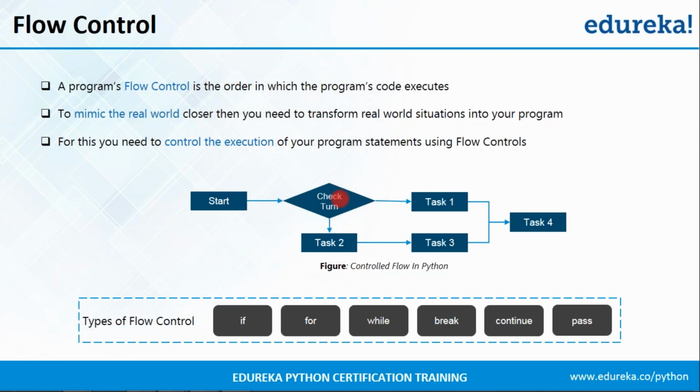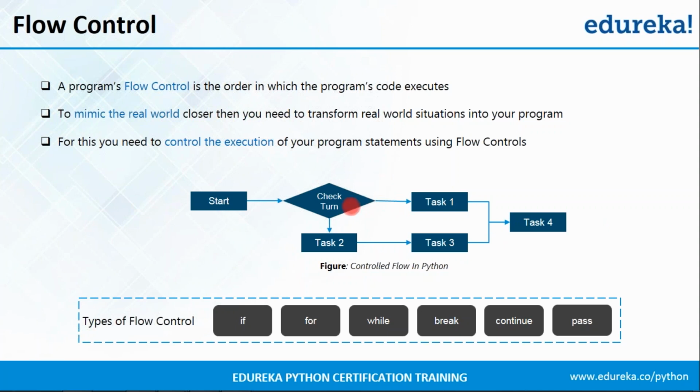If the condition is true, it will execute this particular task and then finally go to task 4. If it is false, it will go to task 2 first, then execute task 3 and task 4. So it starts from the same position and ends at the same position, but the path it follows could be different. This is how you define flow control.